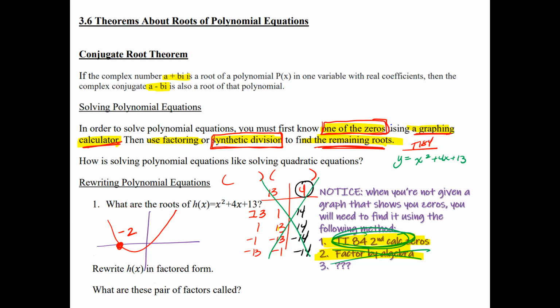Then one of your factors will be x plus 2. If I want to figure out what the other one is, I will use synthetic division, or I can do long division, whichever one you want, to find the other factor.